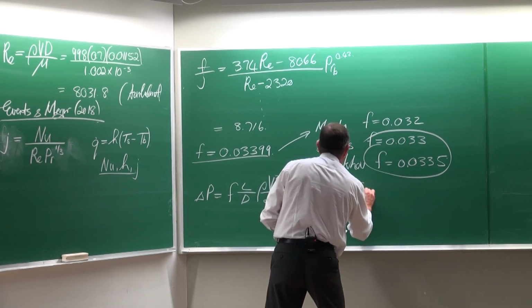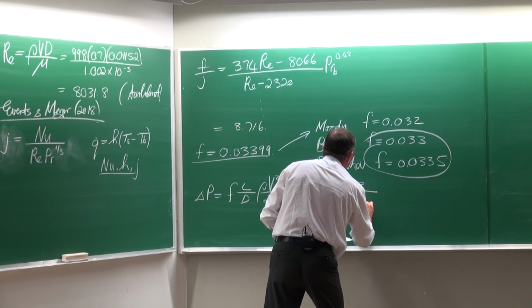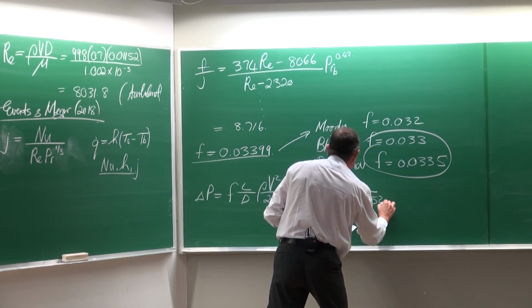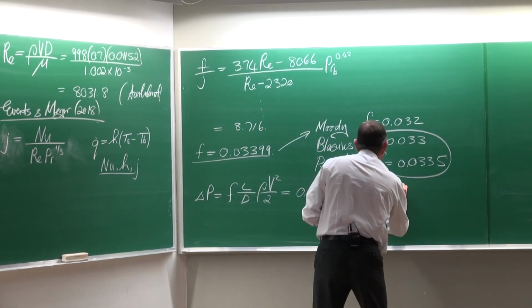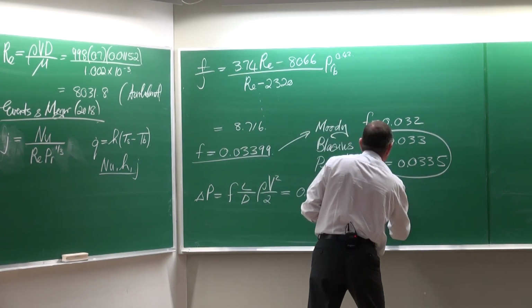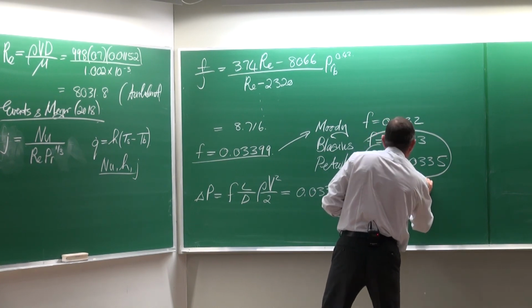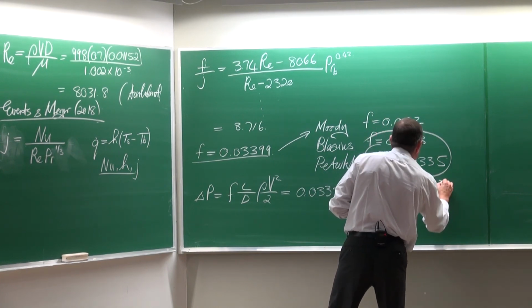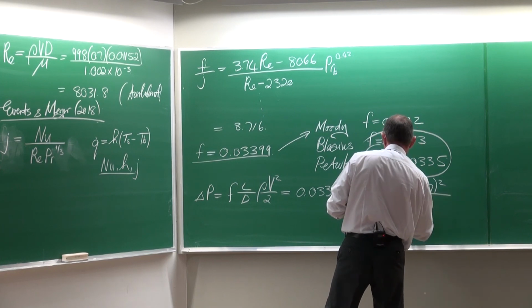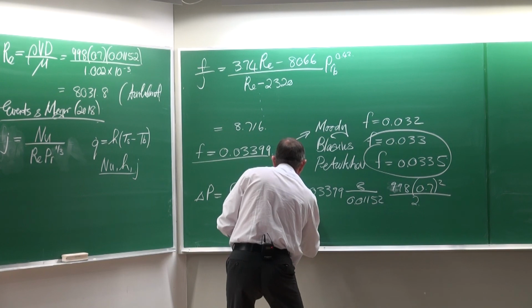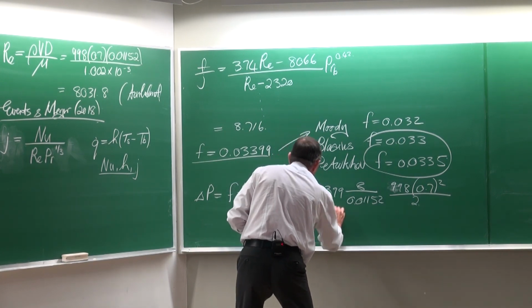The length of the tube is 8 meters divided by the diameter, 0.01152, multiplied by the density, which is 998. The velocity, 0.7 squared divided by 2. And the result is a pressure drop of 57.71 pascals.